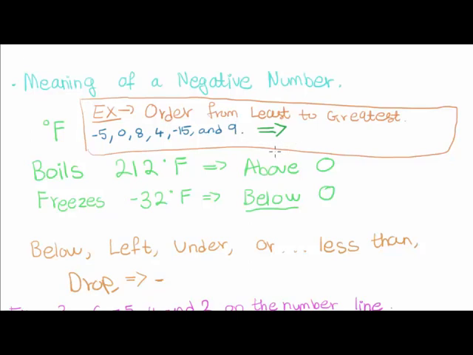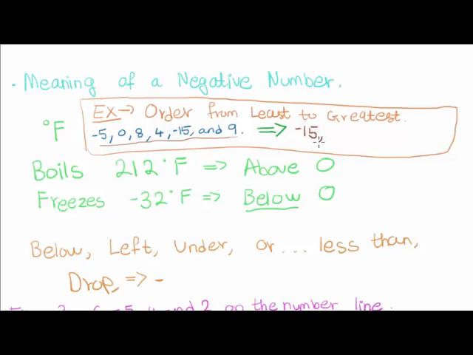So let's start off with this. Basically, if you're given any set of numbers, so this set right here, let's pick out the biggest negative number first. So the biggest negative number over here is -15. And so we write this down. That's the first number in our set.